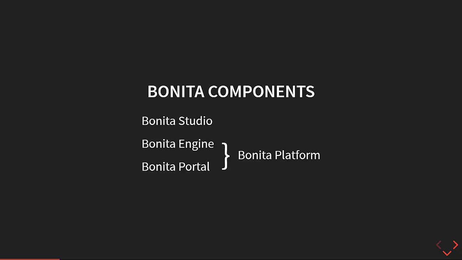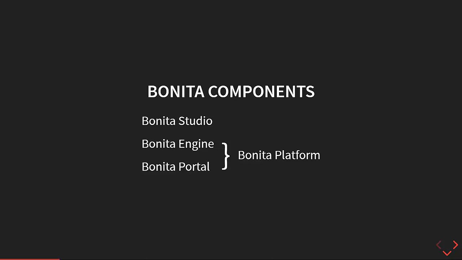Once you build this application, we actually need some software to execute the process logic. That's what we call the Bonita engine. So it will run the process, dispatch the tasks to the users, and so on. But for the end user to interact with the process, to view the data that was collected by the process, to be able to interact with the application, we need a user interface, and that is the Bonita portal.